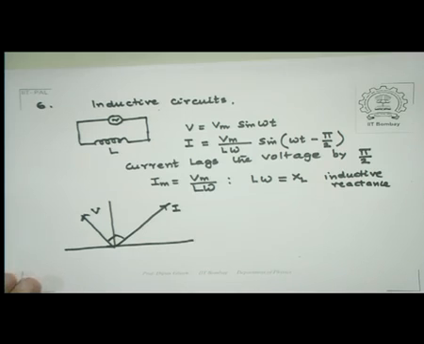So you notice that for a capacitive circuit the current leads the voltage, and for an inductive circuit the current lags the voltage. We had given you a mnemonic which says ELI the ICE man.